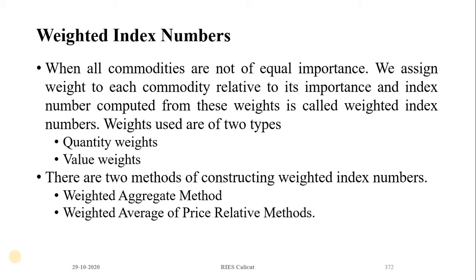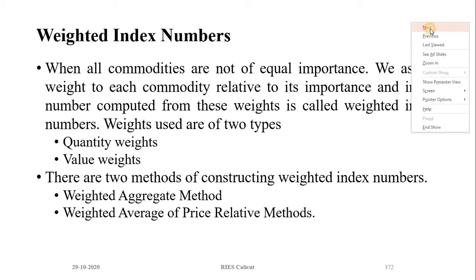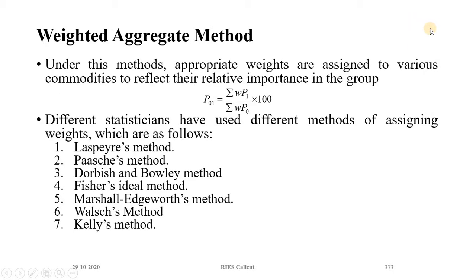So there are two types of weighted index number. The first one is the weighted aggregate price index method, and the second one is the weighted average of price relative method.